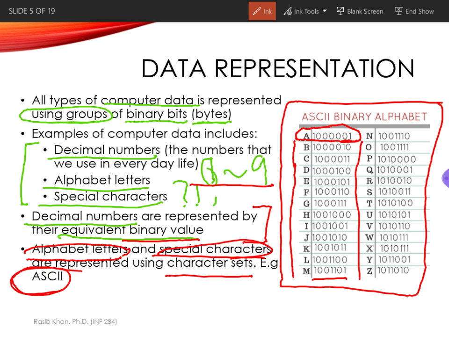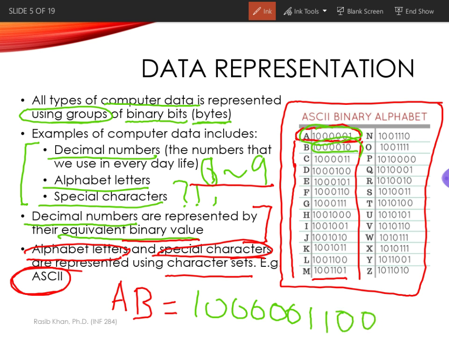So let's say you would like to write an A, this would be equivalent in binary to 1 0 0 0 0 0 1, and then B is 1 0 0 0 0 1 0.